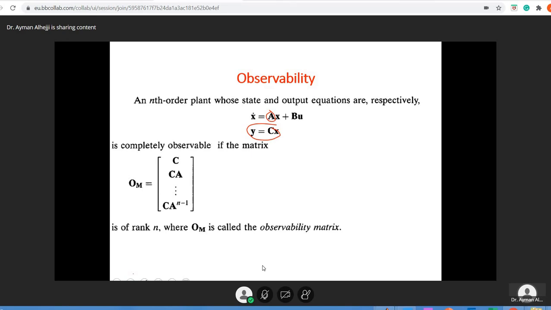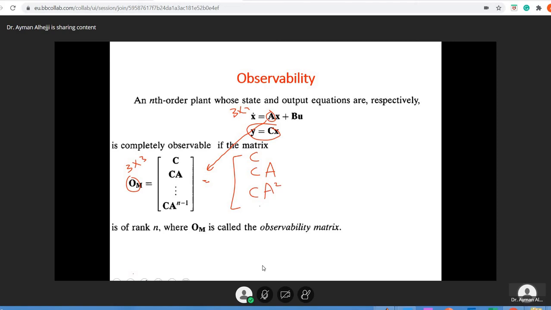Observability is completely observable, with the matrix in this form, as you can see here, but this O must match the size of A. If this A is 3 times 3, this must be 3 times 3, because we need to select here C, or C times A, C times A squared, C times A cubed.